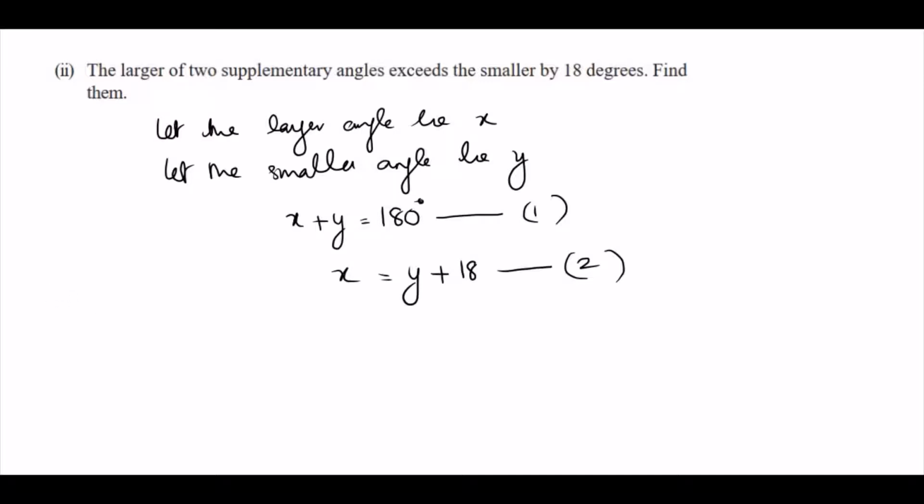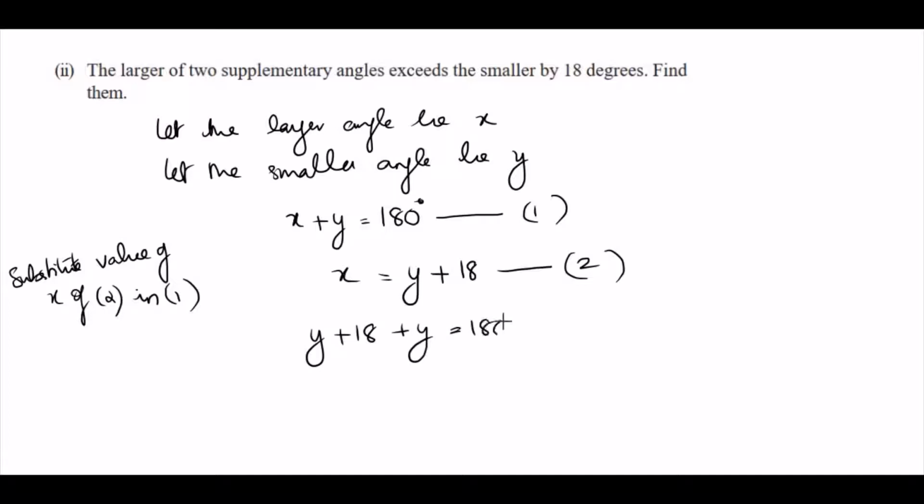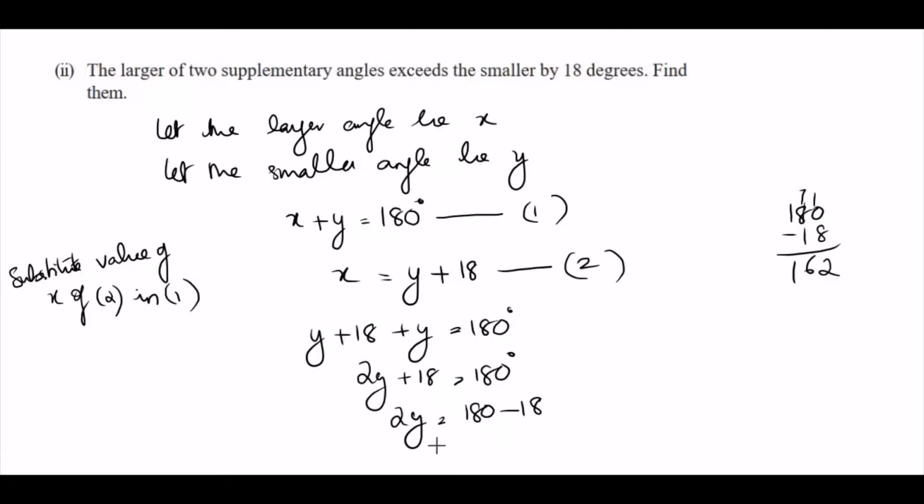When you substitute x of equation 2 in equation 1, you get y plus 18 plus y is equal to 180 degrees. That is 2y plus 18 is equal to 180 degrees. 2y is equal to 180 minus 18. 180 minus 18 is 162.